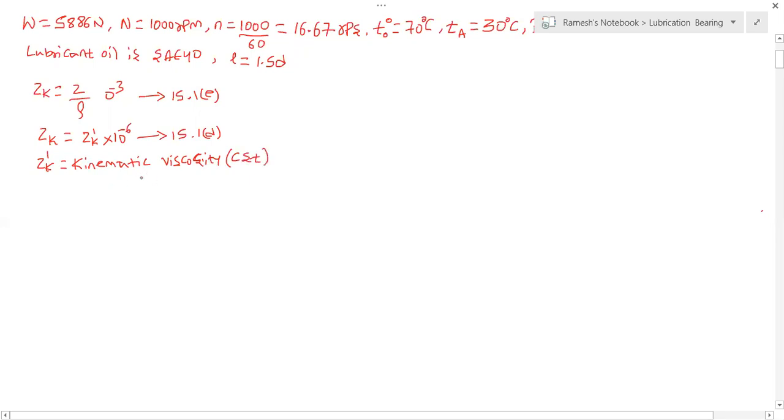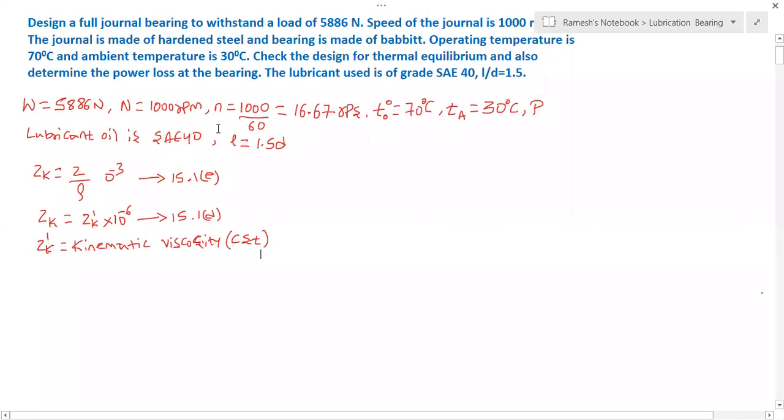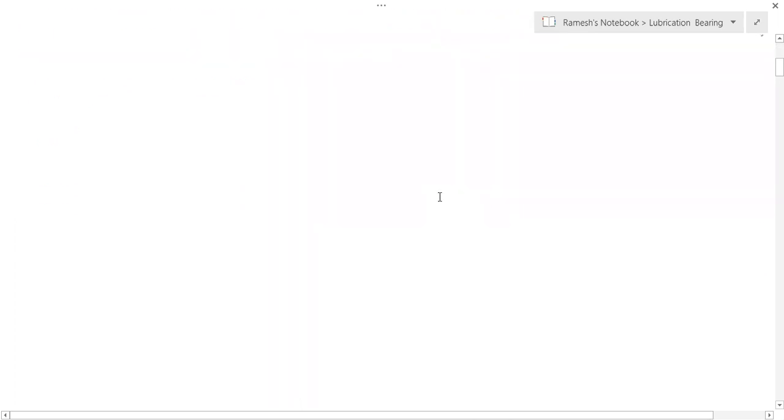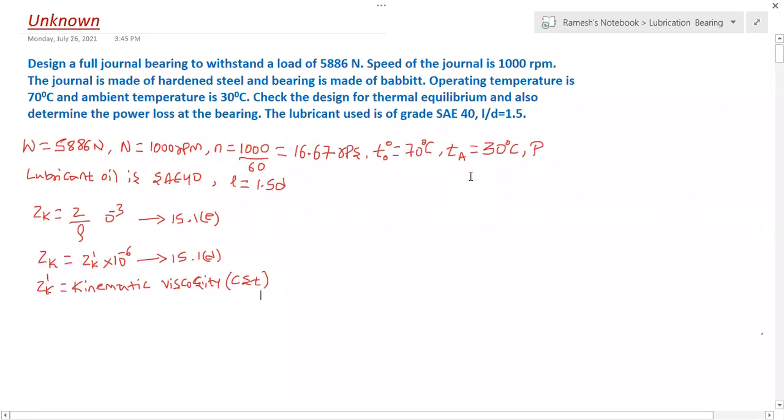To find this, in the given problem, he has given which type of oil is used. Okay, he has mentioned that it is SAE 40. Depending upon that, we can note down the specific gravity of that. For that, you need to refer to the graph. First, before that, I will write down which type of oil is given.